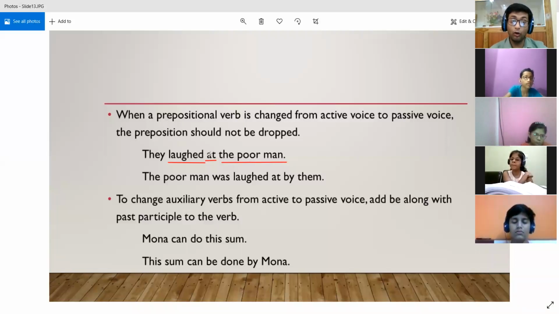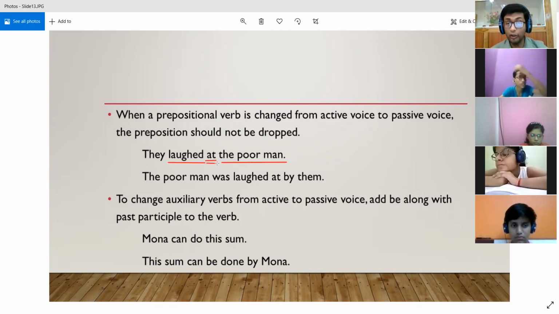So in all these cases where a preposition has been attached after the verb to make an intransitive verb into a transitive verb, which requires an object, we are not going to drop the preposition from the verb when we convert it into passive voice. Let's see this, how it is converted.